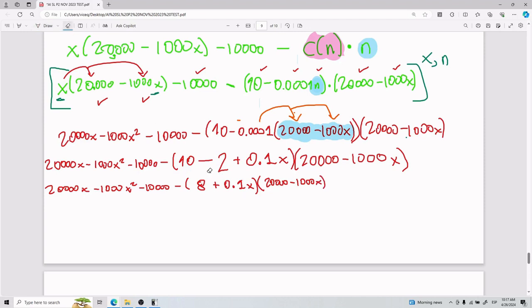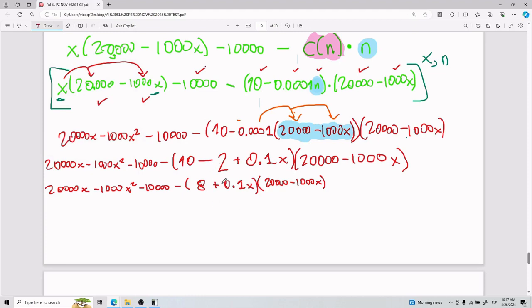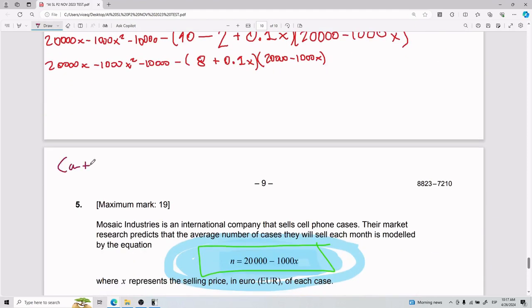And so now what jumps out at me is that you have two parentheses next to each other. So from here, you can do the classic, so whenever you have two parentheses next to each other, what you're sort of supposed to do is that you multiply this with this, so you end up with AC plus AD, and then you do this with this, plus BC plus BD.